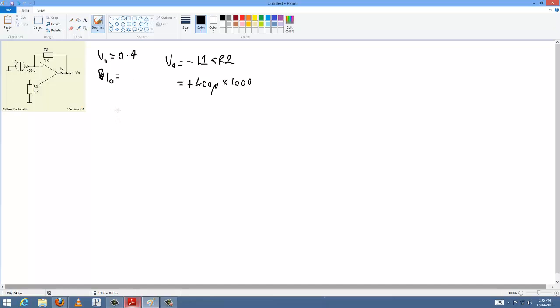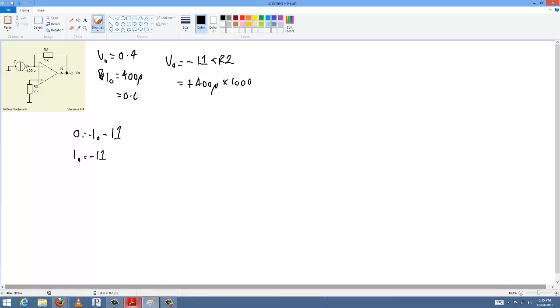And simply IO, you do nodal at this point, so it's going to be 0 equals negative IO minus I1. IO equals negative I1, so it's just 400 micro.